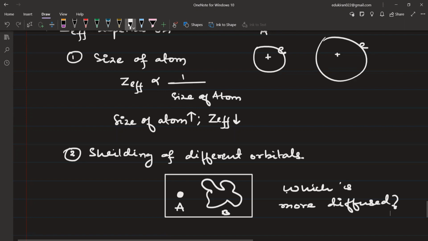The opposite of diffused will be concentrated. Which is concentrated and which is diffused? These are two different things, diagonally opposite. Which part is more concentrated and which part is more diffused?